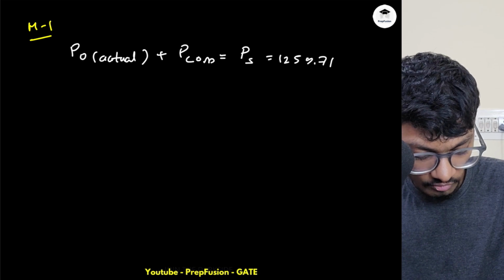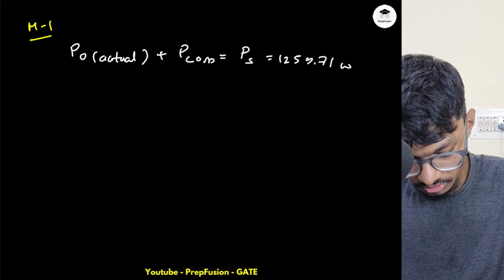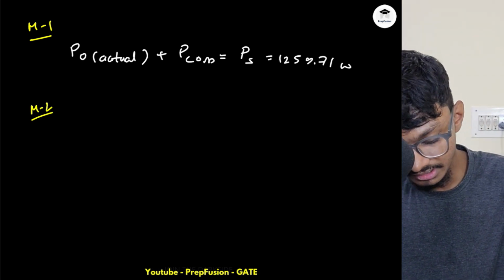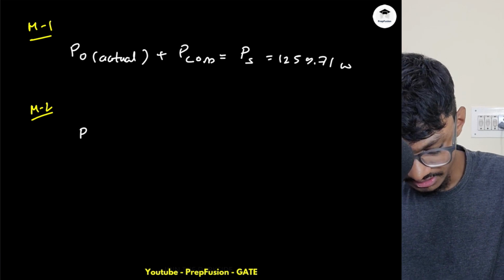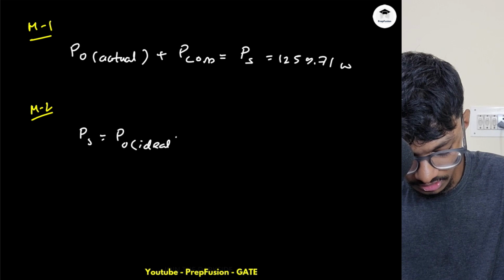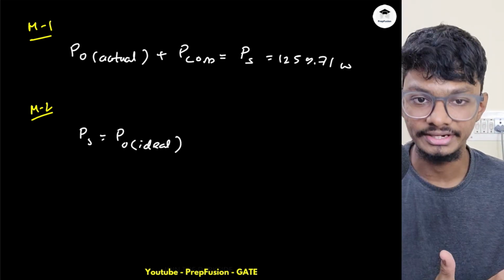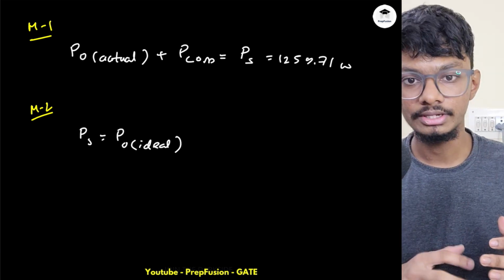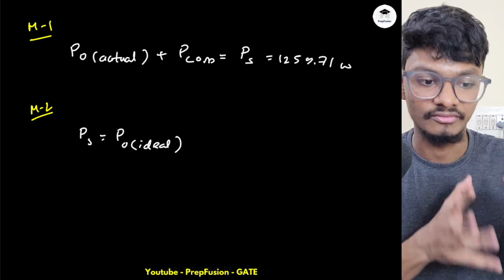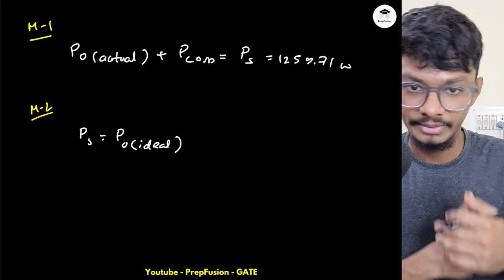Okay, or what you can do is method 2. You can directly write your PS, the supply power, will be PO ideal. Why will it be PO ideal? Because whatever power your supply has to provide will be constant. Some part of it will go to the converter, because the converter is practical, so it will have its own loss, and the remaining part will go to the load.